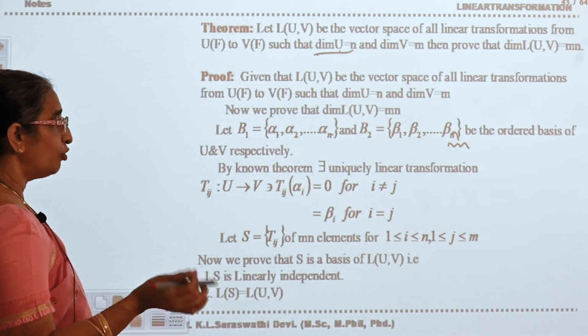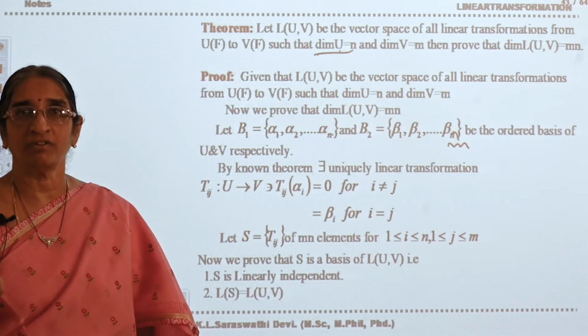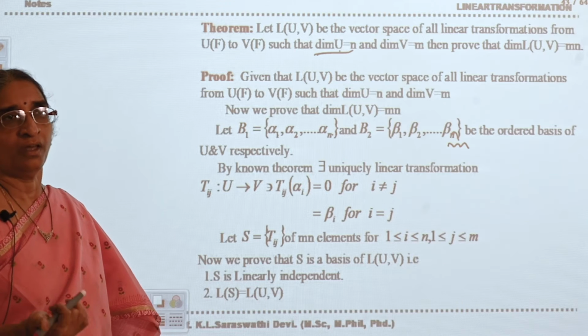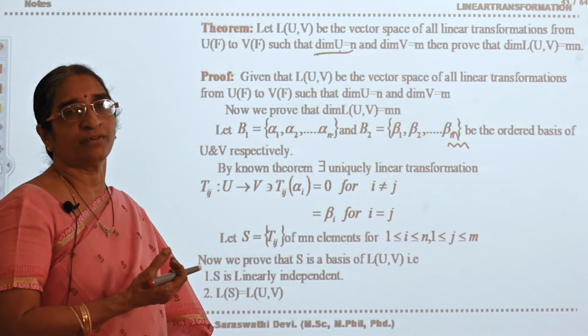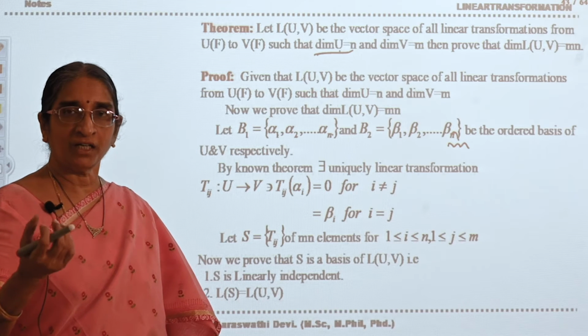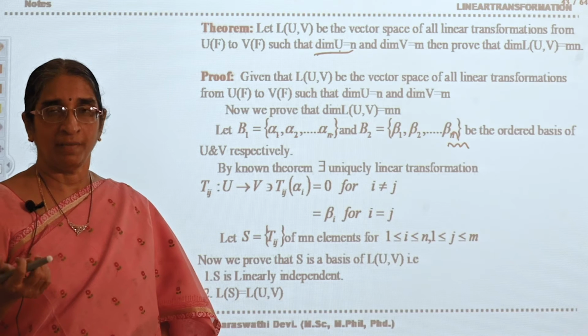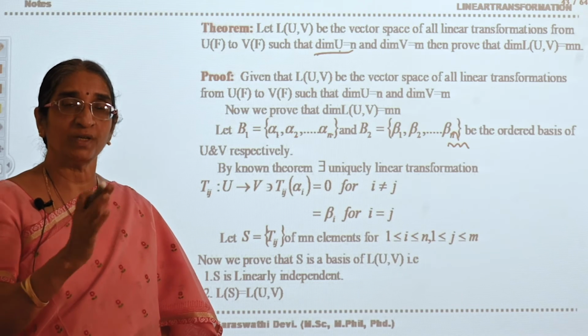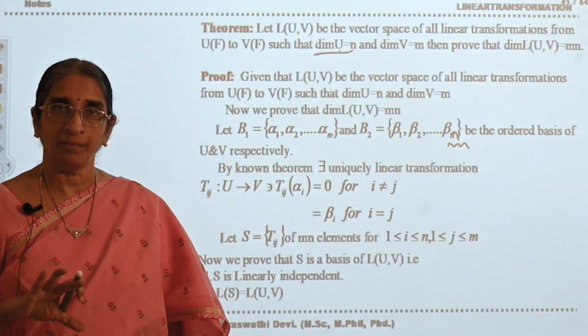Now by the known theorem, the existence of linear transformation theorem: if alpha 1, alpha 2, ..., alpha n are the basis elements of U, and delta 1, delta 2, ..., delta n are n elements in V, then there exists a linear transformation T with T(alpha i) equal to delta i.